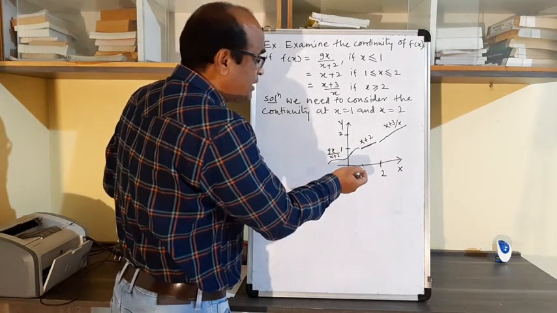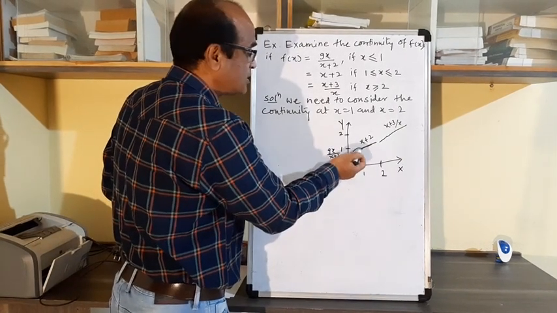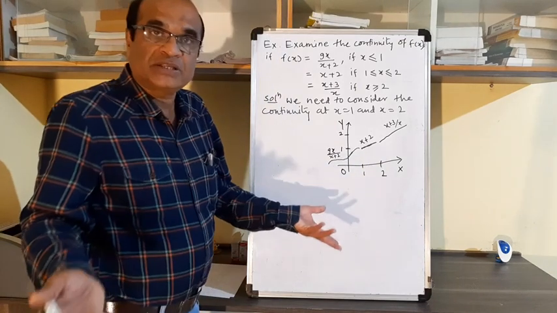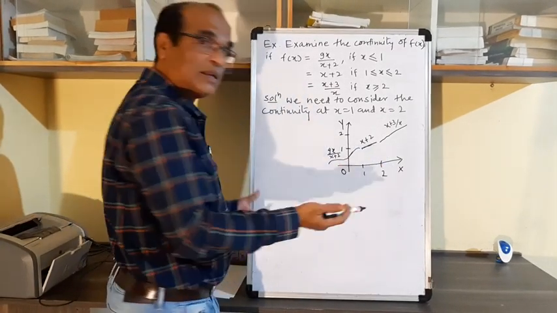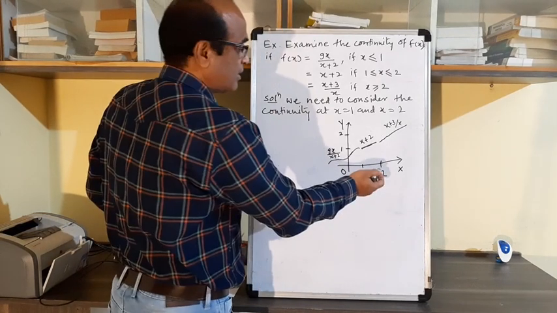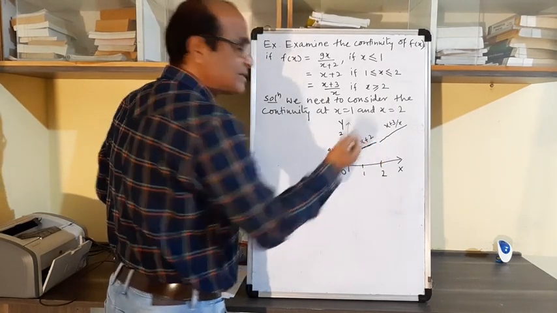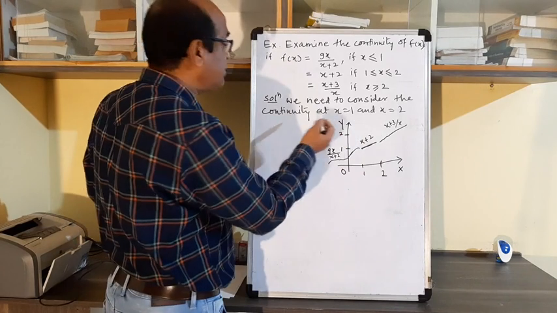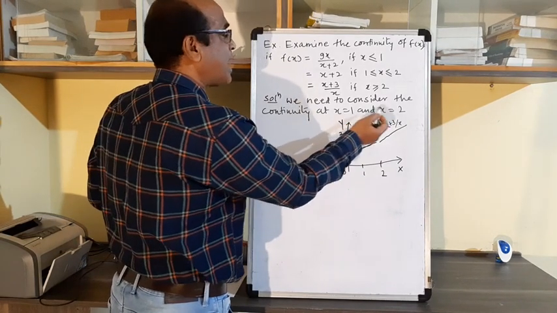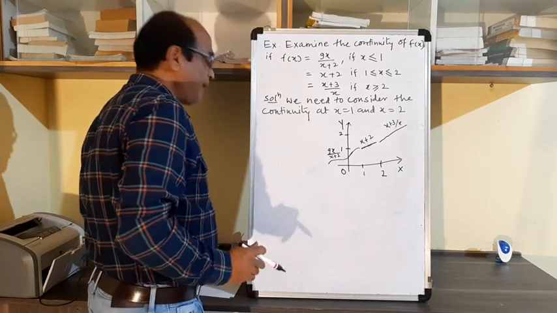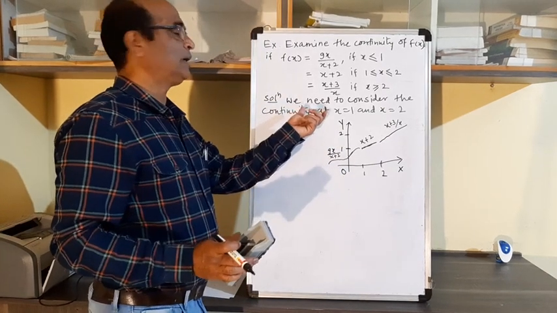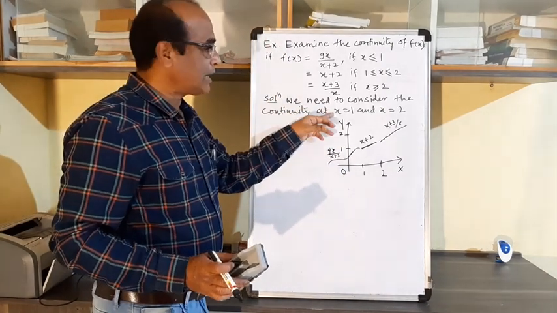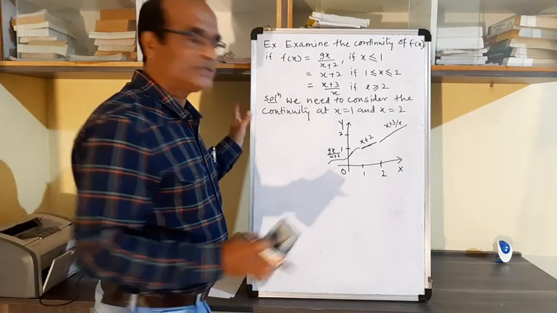We find the limit of the function at this point. If the limit exists and is finite, then the function is continuous there. So we check the continuity at x is equal to 1 and x is equal to 2.